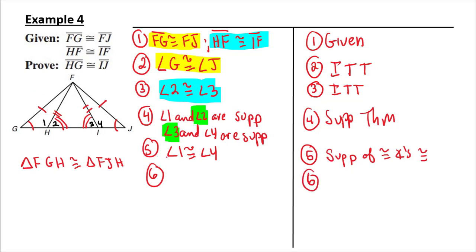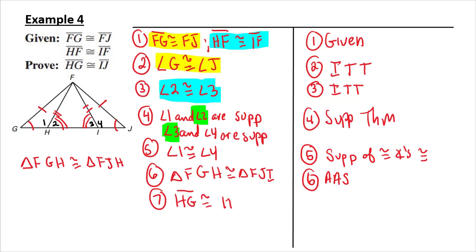So now I have our triangles congruent by angle side, and then I can finally say HG is congruent to IJ by CPCTC.